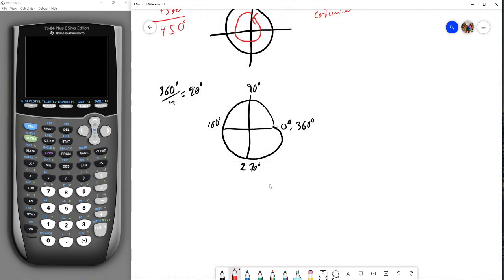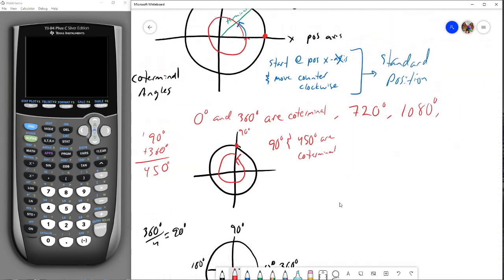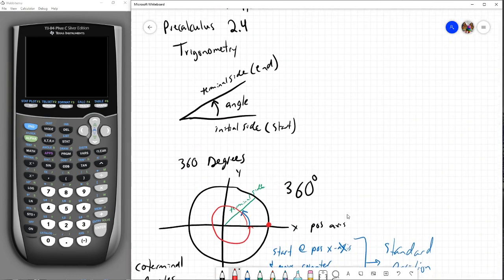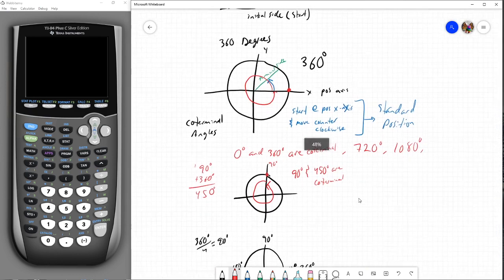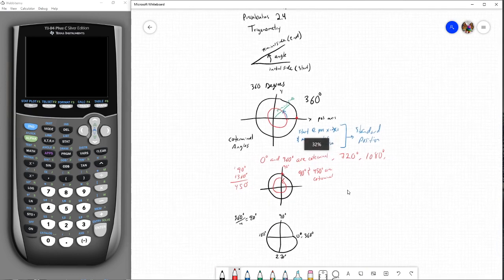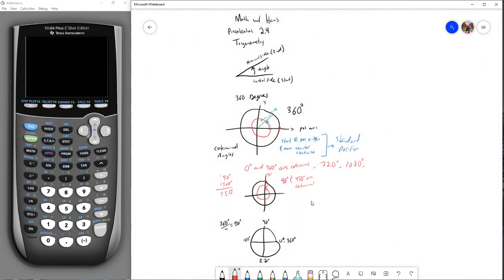Alright. So that's a basic reintroduction of angles, in which we've introduced the notion of coterminal, and we talked about our unit of degrees for measuring angles.